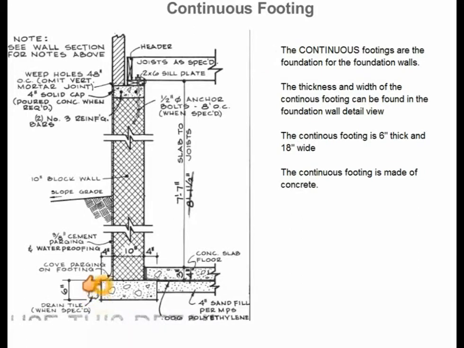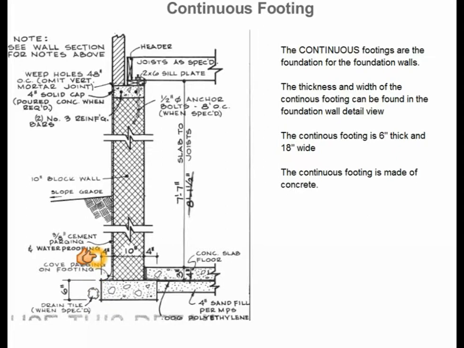In order to create the continuous footing object, we will need to know the thickness and the width of the footing. For this project, the thickness of the footing is 6 inches. The width of the footing is 18 inches.